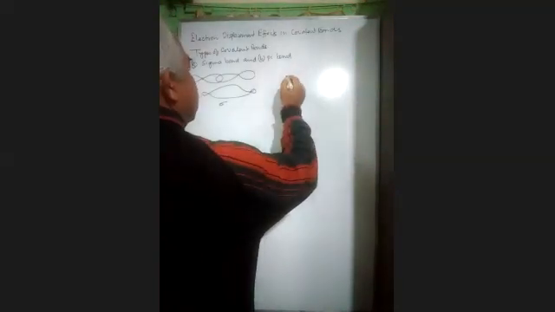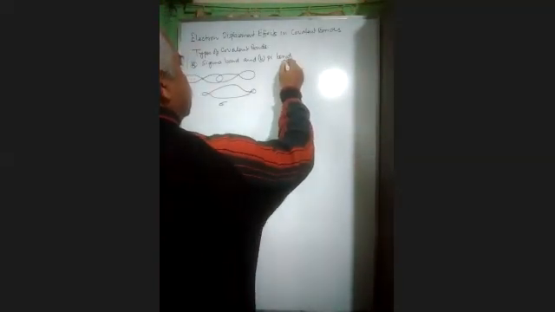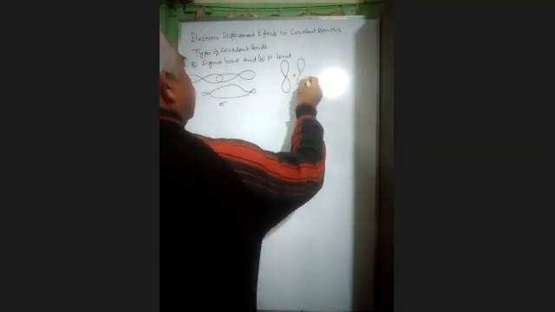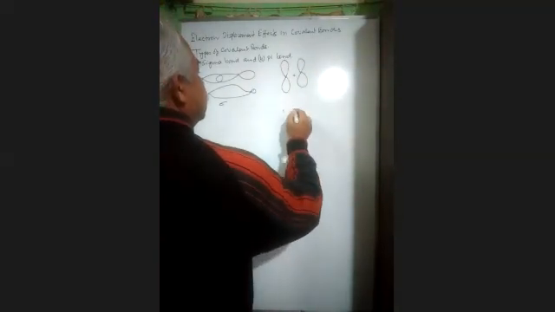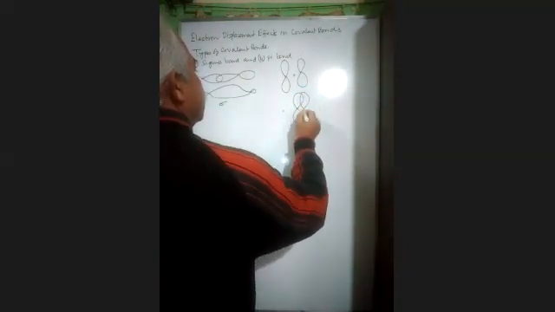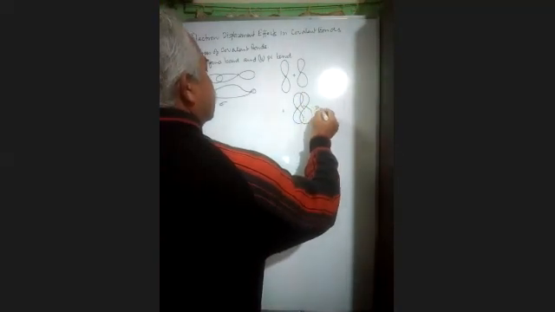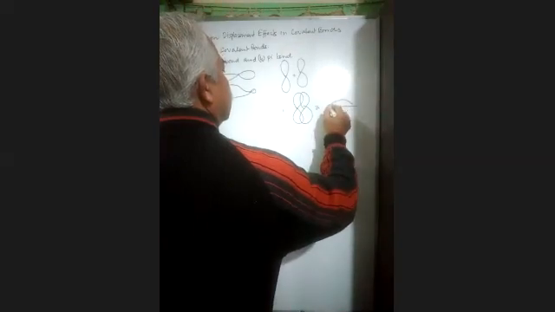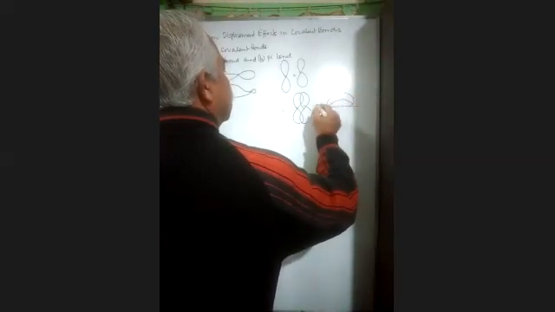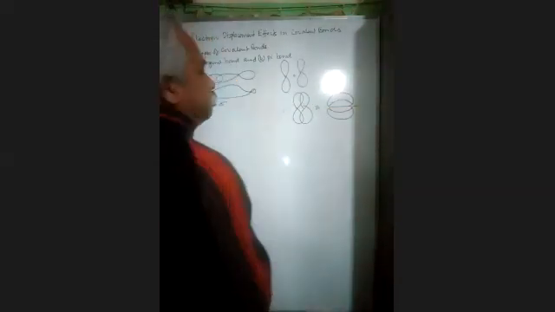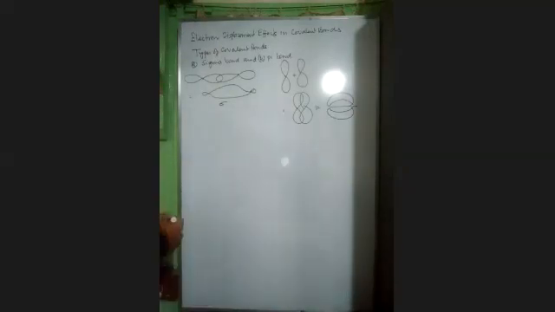And pi bonds are formed by the overlap of the p orbitals. So what you get now here? Or this one you write like this. This is the upper lobe and this is the lower lobe. So these are the pi bonds. Okay, see here.